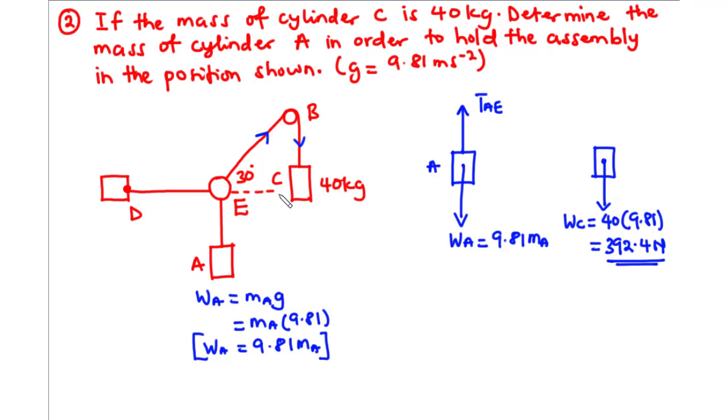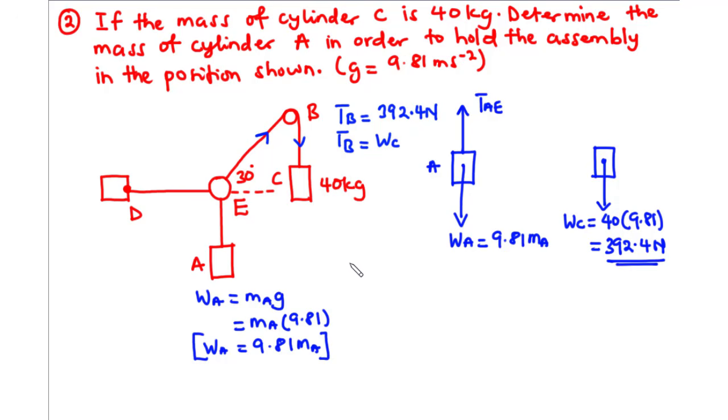This makes sense because we have the same cable across the pulley. Therefore, the tension in the cable at B is equal to 392.4 newtons. Thus, TB is equal to the weight of cylinder C.